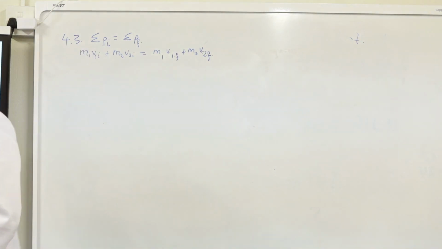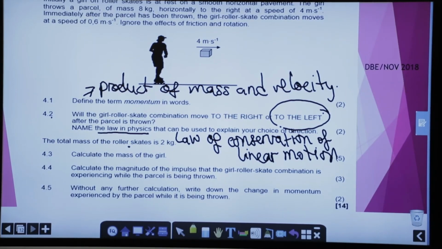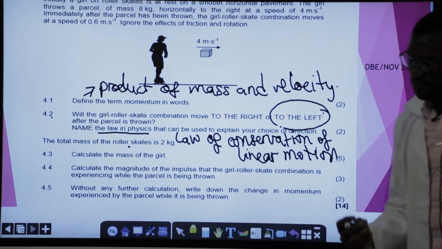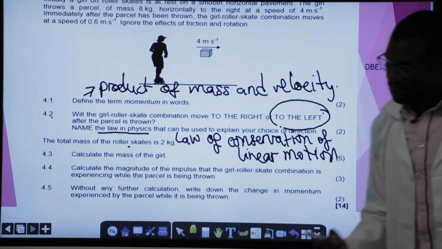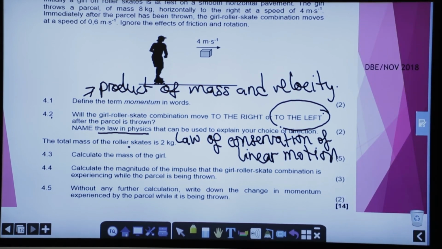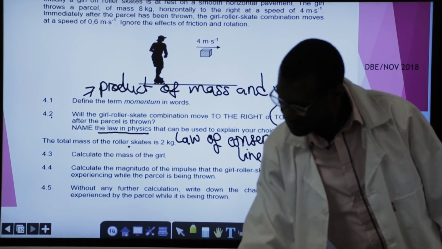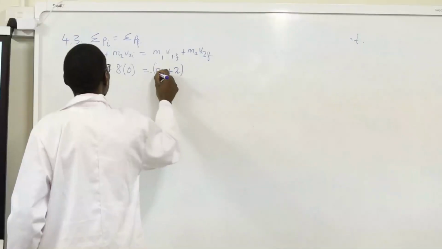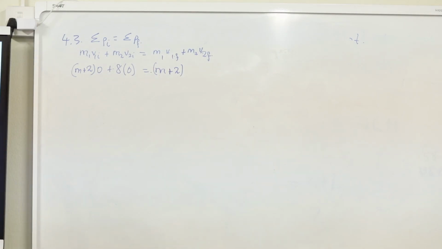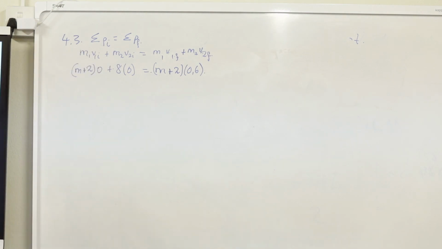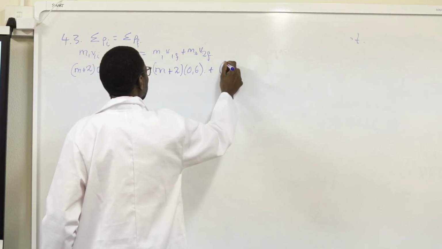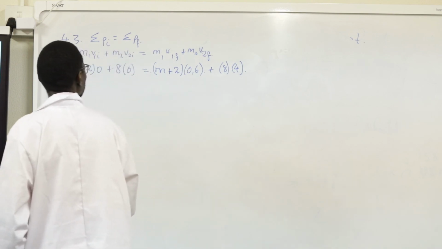Okay? Now, the first combination, we are referring to it as the girl, M, and the parcel combination, we know the parcel is 2 kgs, all right, multiplied by 0 initially, plus the mass of the parcel, which is 8, multiplied by 0, and their final velocities is mass of the girl plus the parcel, okay, multiplied by 0.6, and also plus 8 multiplied by 4, all right, which is the second combination.